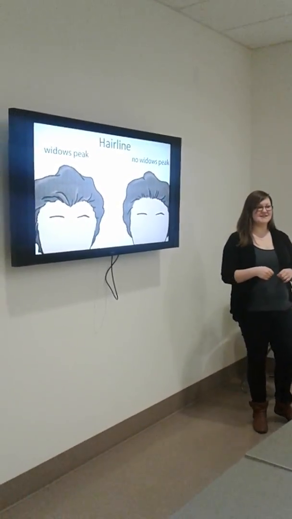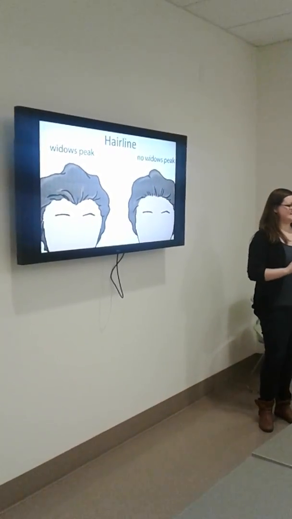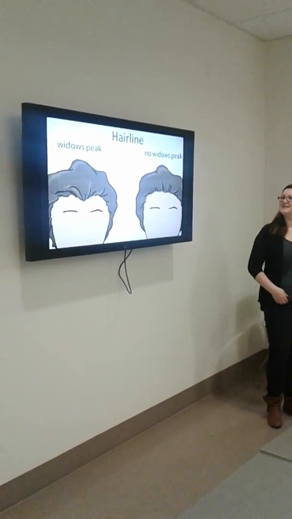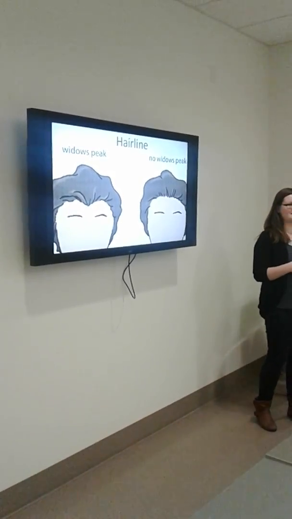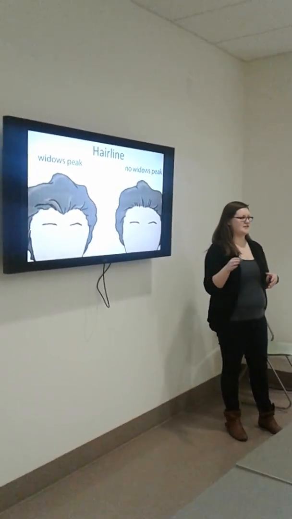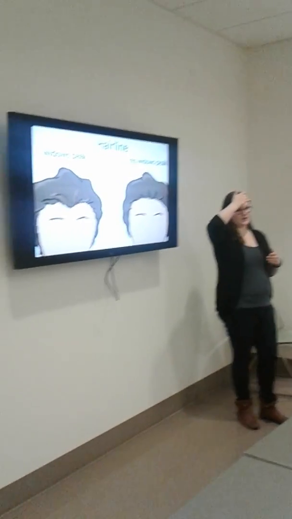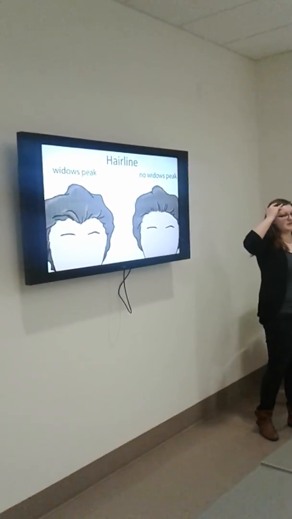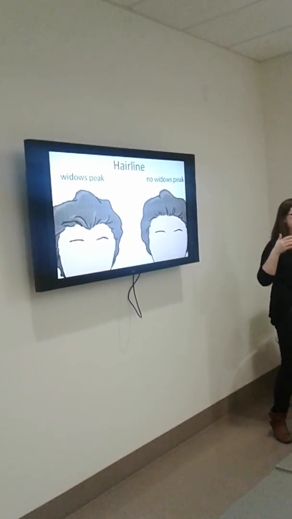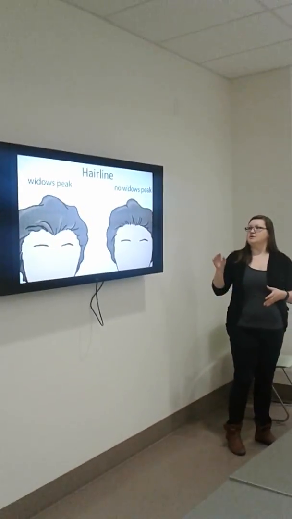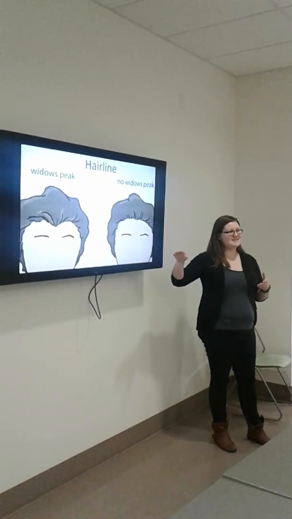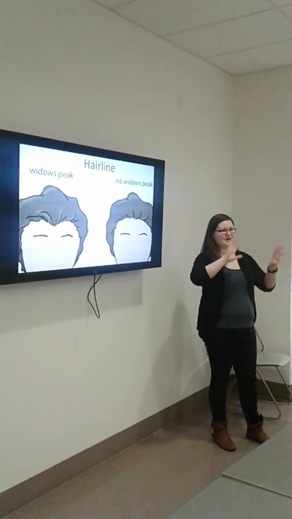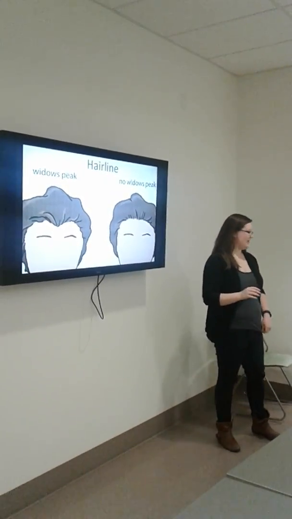I think it's continuous. It is a trickier one. This one is discrete because you can either have a widow's peak or you don't have a widow's peak. There are smaller widow's peaks, but it's still a widow's peak. So it is discrete. There is a bit more variation within it, but it is more categorized in that way.